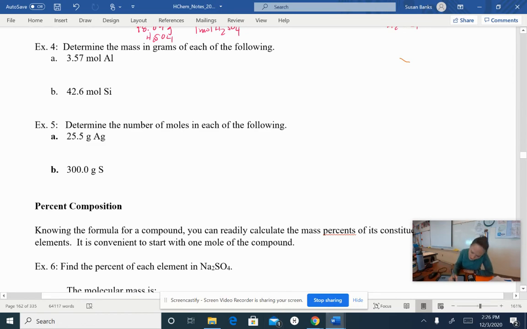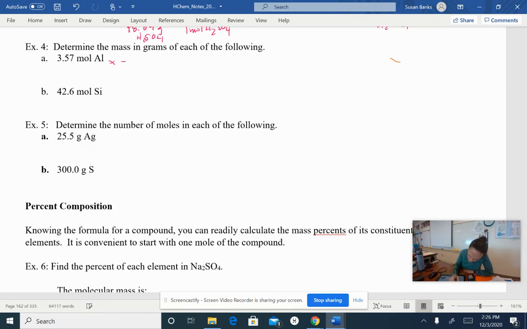Okay, so I'm going to start with the moles of aluminum. And in 1 mole of aluminum, I have 26.98 grams of aluminum. Okay, notice my moles will cancel. I'm still using my unit analysis to get out to the units that I want.